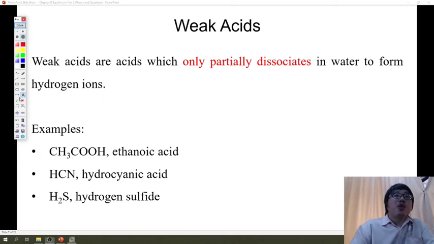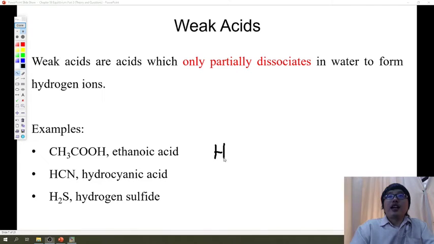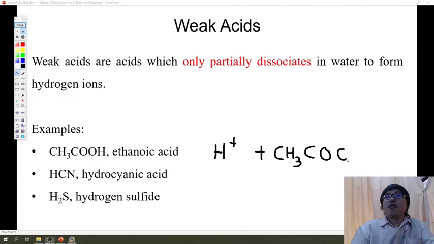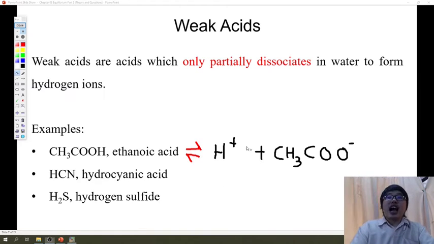Because it is partial dissociation, take note that it is actually an equilibrium reaction, where the hydrogen ion and the ethanoic anion can combine together to form ethanoic acid.